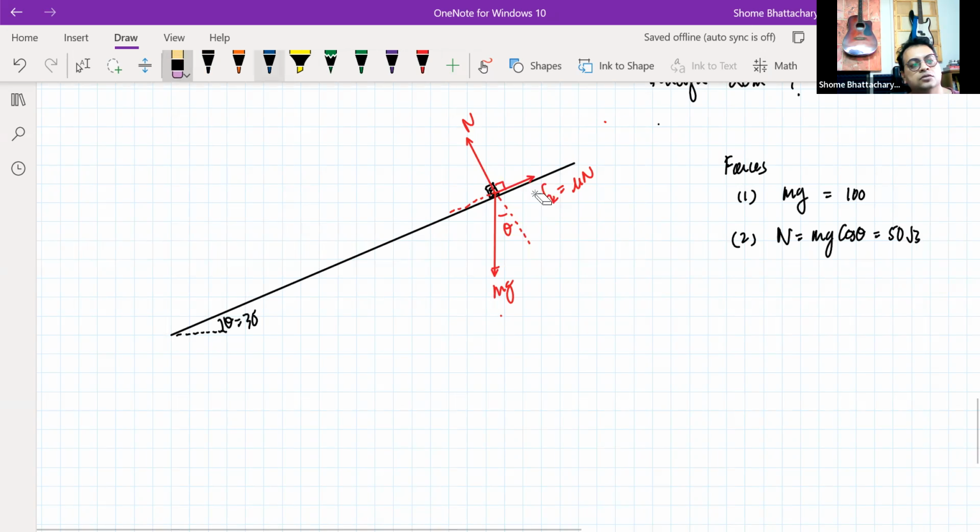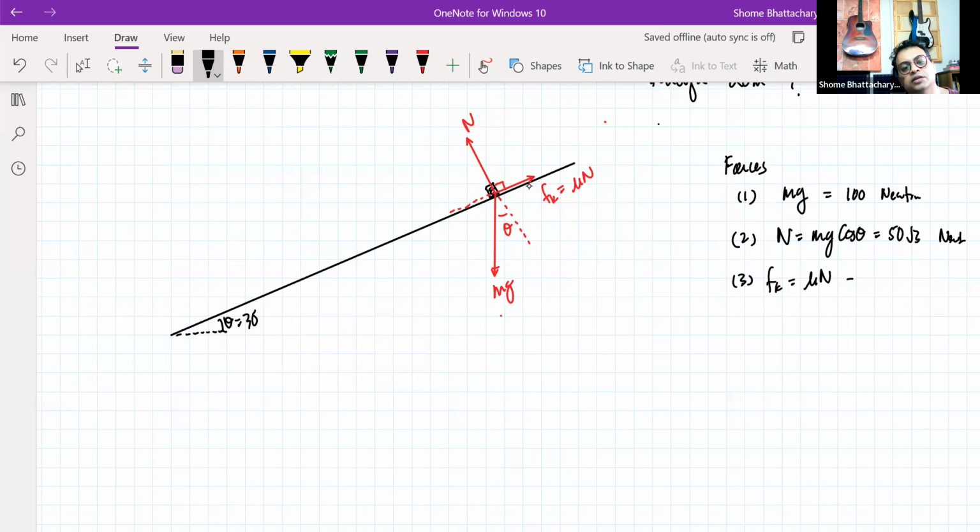Mass was 10 kg. So normal reaction is this much. Okay. And friction mu N, so that will become 25 newtons. Okay. So one thing the FBD is showing you here, that the block is going to accelerate like this. Okay.